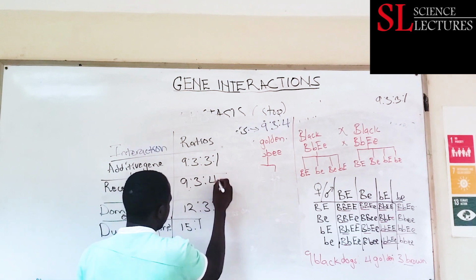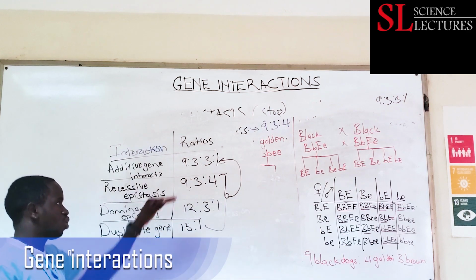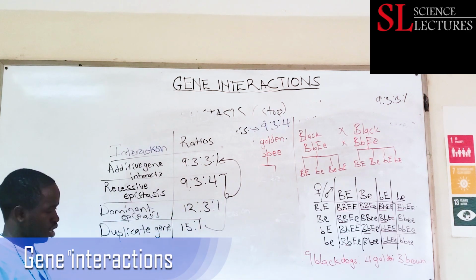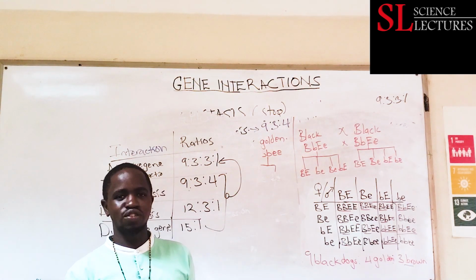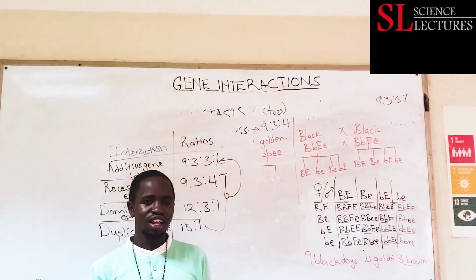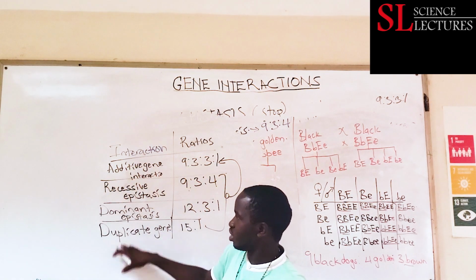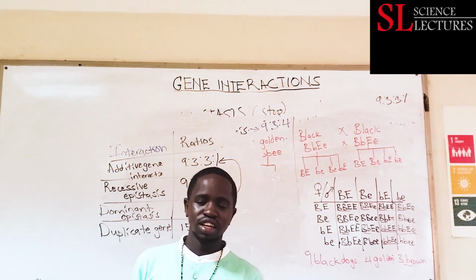And you can see all these three deviate from the normal Mendelian ratio, which is 9 to 3 to 1. So in this video, we've discussed the various forms of gene interaction. They can be intra-allelic or inter-allelic, and we've seen the various inter-allelic interactions. We also saw the intra-allelic ones. Till next time.